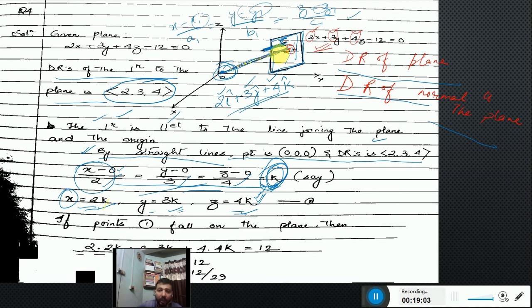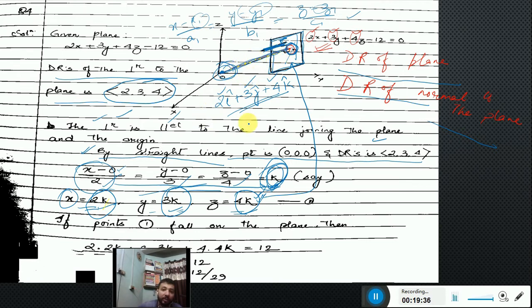Now if this point is lying on the plane, because we are finding the foot of the perpendicular, I want the point here. So what did I do? I found the equation of this line which is parallel to this vector, and then from there I found the general points on this line.